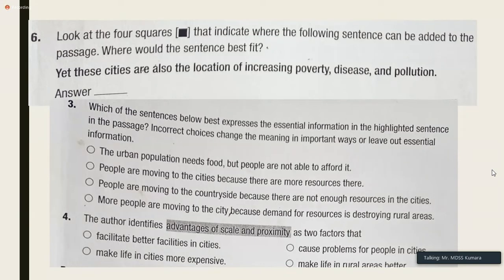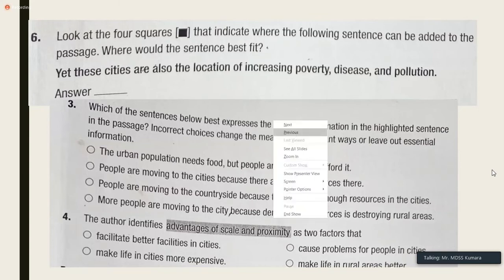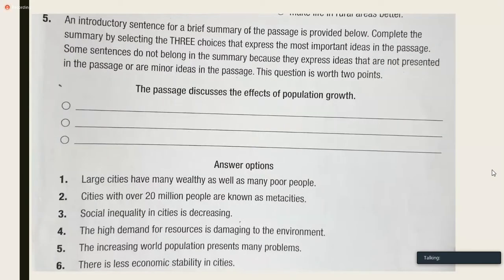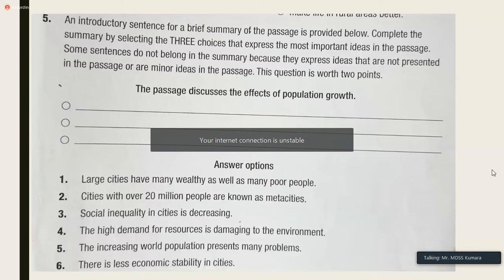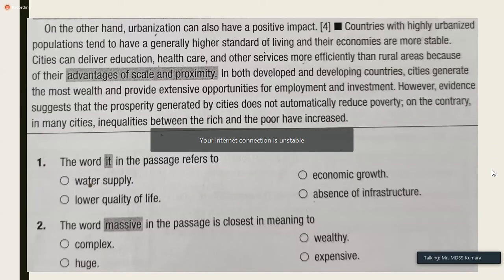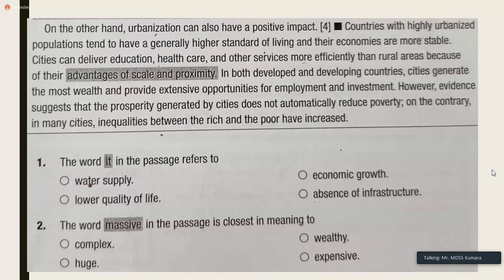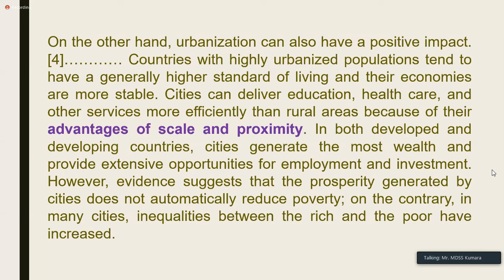The last question here. Look at the 4 squares that indicate where the following sentence can be added to the passage. Where would the sentence best fit? The sentence is, yet these cities are also the location of increasing poverty, disease, and pollution.